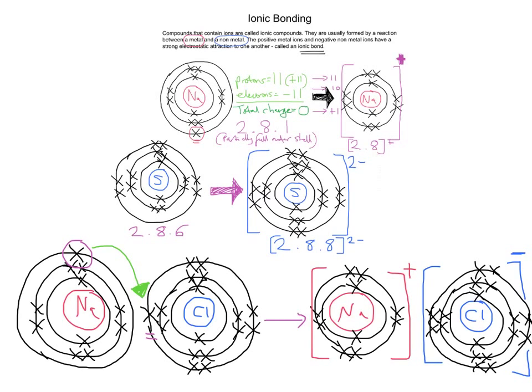And then we can represent the 2 ions that you get. So clearly we've had a sodium atom reacting with a chlorine atom to form essentially this thing on the right, which is sodium chloride, or NaCl.